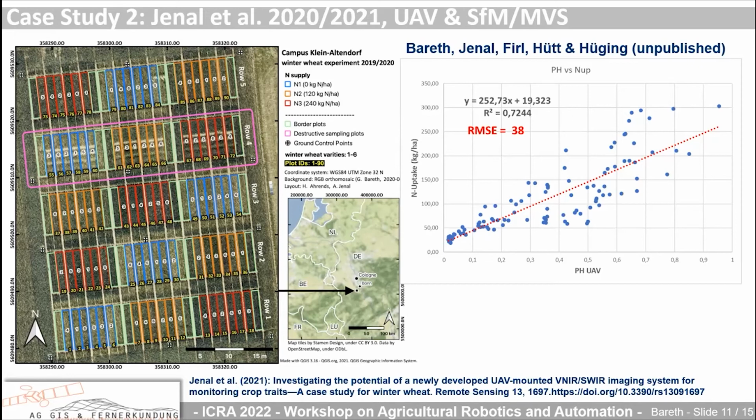In that case, in this figure, we have not first used a biomass regression model and then from it a biomass N model. But this is what we're still doing and which is under investigation.